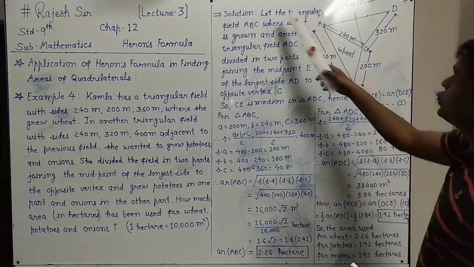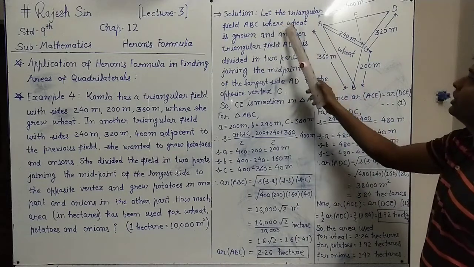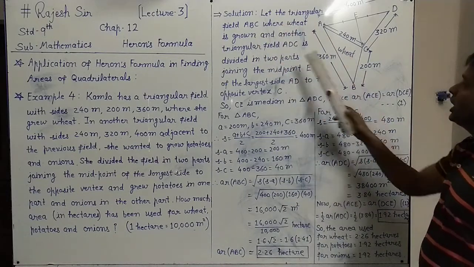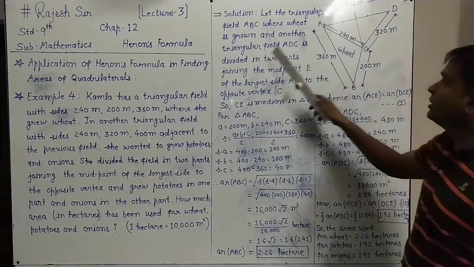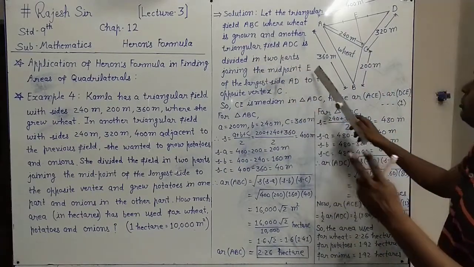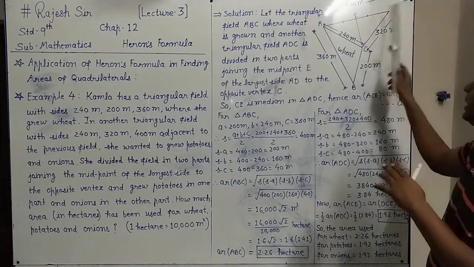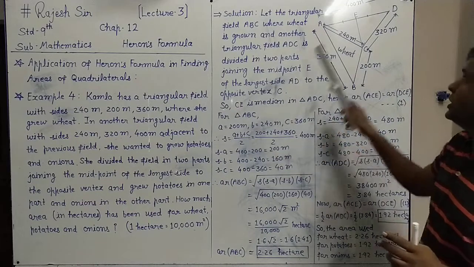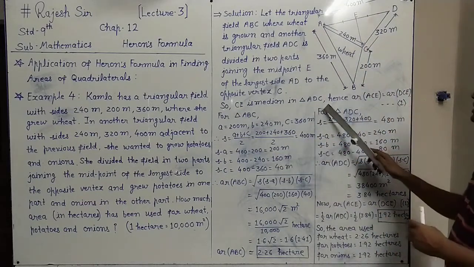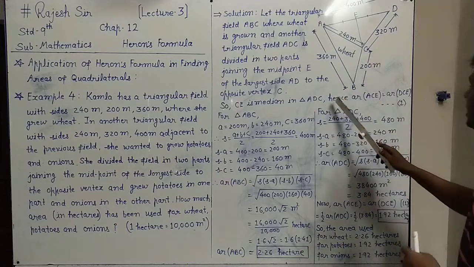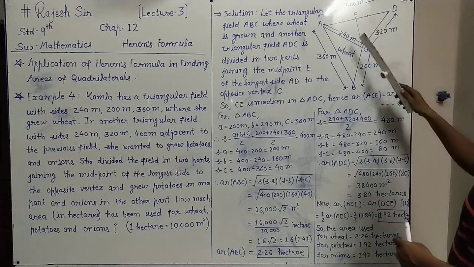So all these situations we have mentioned here. First, let triangular field ABC be where the wheat is grown, and the other triangular field ADC is divided into two parts by joining the midpoint E of the largest side AD to the opposite vertex C, that is CE. So CE becomes the median of triangle ADC, and hence the area of triangle ACE equals the area of triangle DCE.